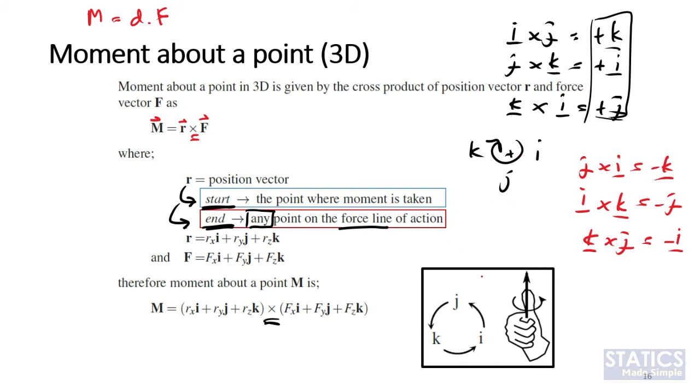And the direction of this moment about a point will follow our right thumb. So this is the direction of moment, and its rotation will follow the curl of our remaining fingers. Why is that?